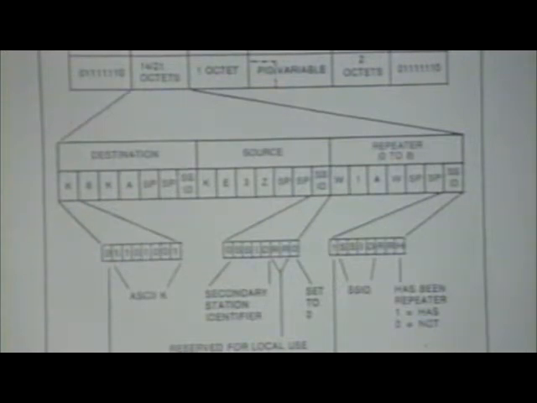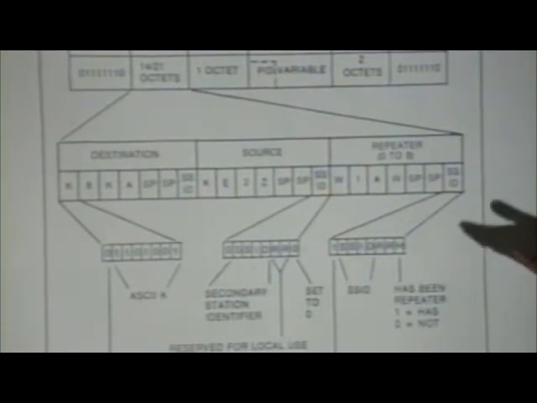SSIDs are also used when you go through nodes for control purposes, and when we get to the network, we'll explain how that works and why they do it. It's the same kind of principle here. It's to keep things from talking to each other. It's a form of control. If I connect to a node, and then that node sends out a call, and it has my call, my station's going to think it's for me.